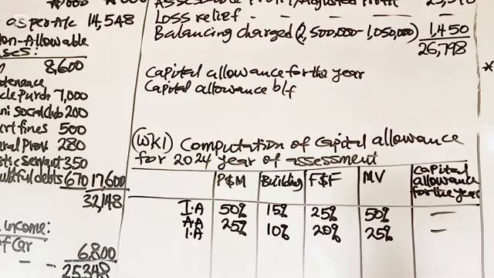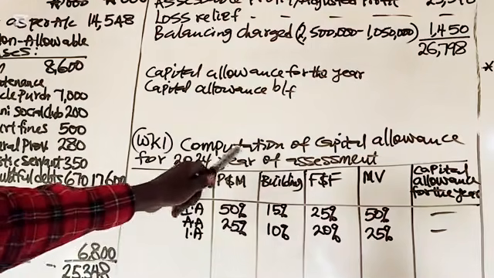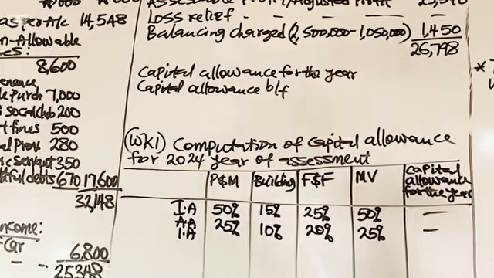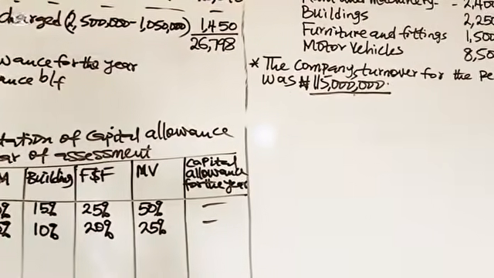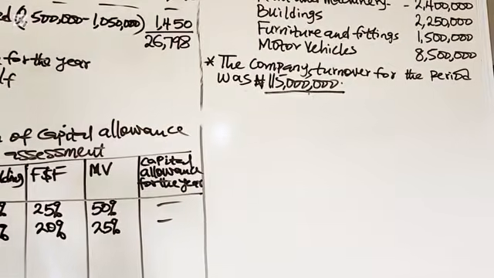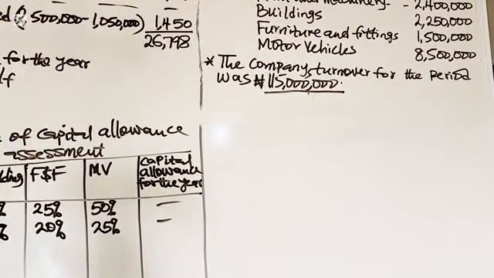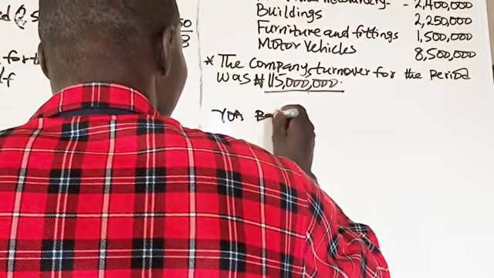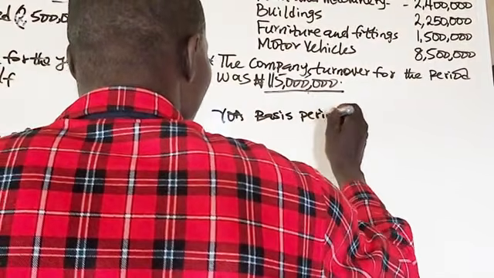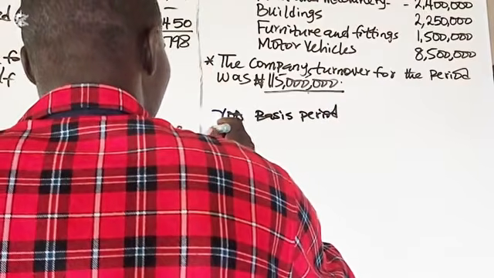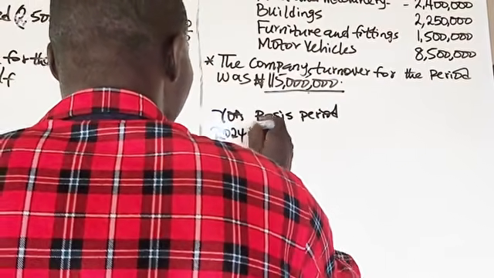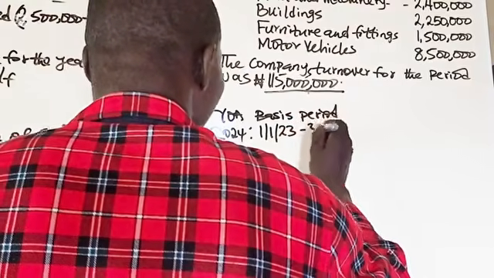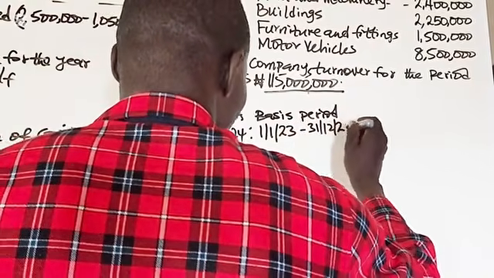Then, our computation is for 2024 year of assessment. What is the basis period for 2024 year of assessment? The year ended for the business is December 31st. So the basis period will be from 1st of January 2023 to 31st of December 2023.